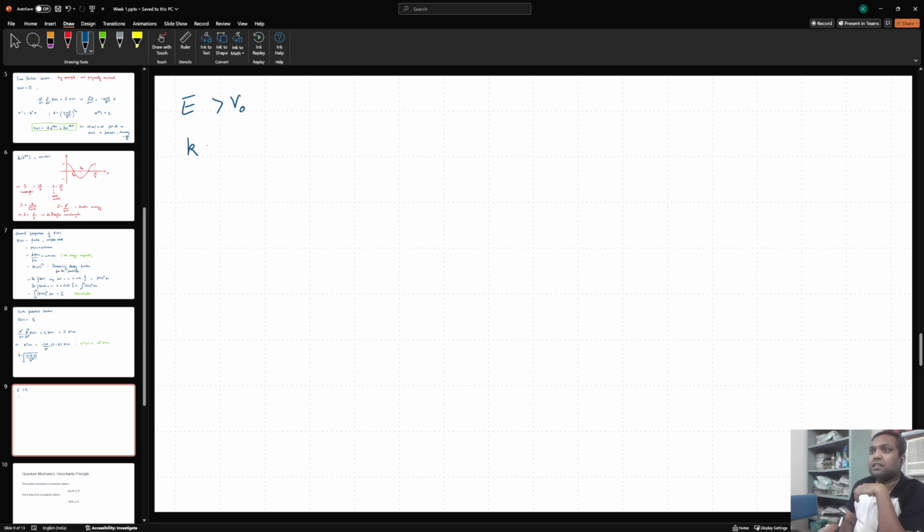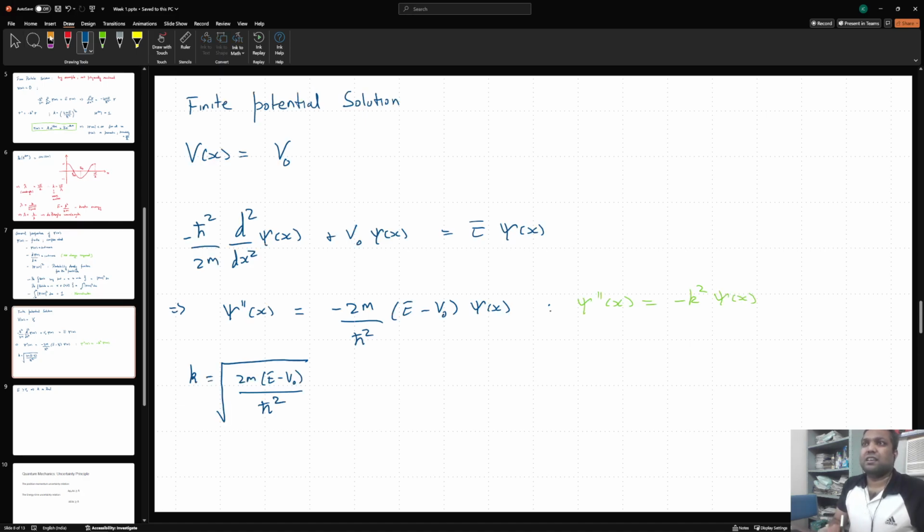In that case, k is real, and that implies the solution is going to be, you know what, I will not call this k, just to distinguish from the free particle solution.